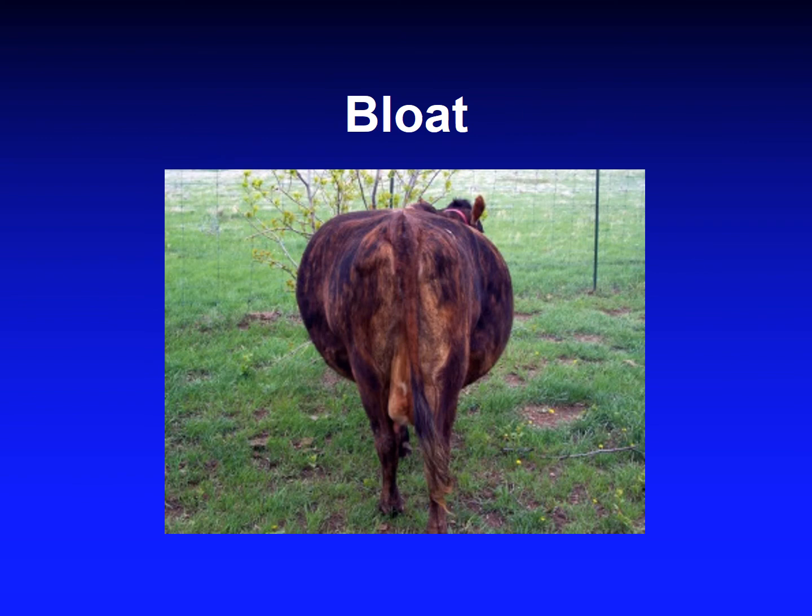So this is a picture that's showing a cow. We're looking from the back of the cow, and to see and appreciate the left-hand side of the abdominal wall compared to the right-hand side of the abdominal wall. And here the accumulation of gases is pretty clear.